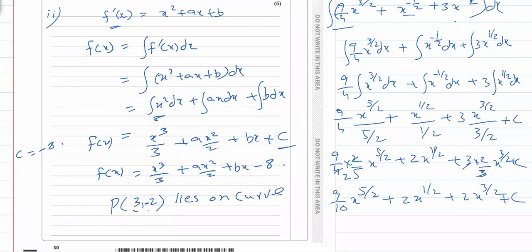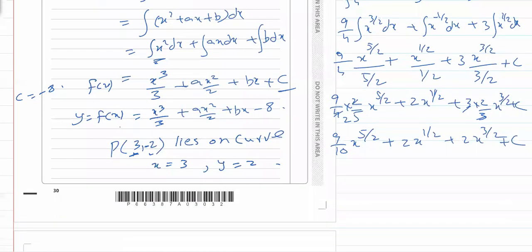This value is x, this value is y. Because you know this is actually y is equal to f of x. So in other words, when your x is 3, y will be equal to -2. That is the meaning of this point. So use these values here.